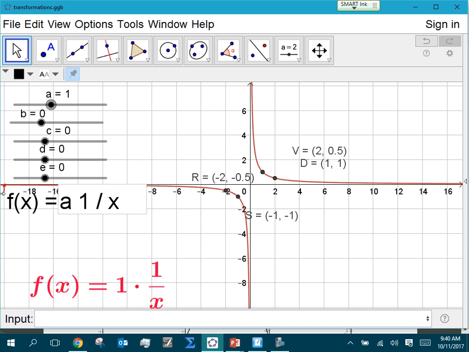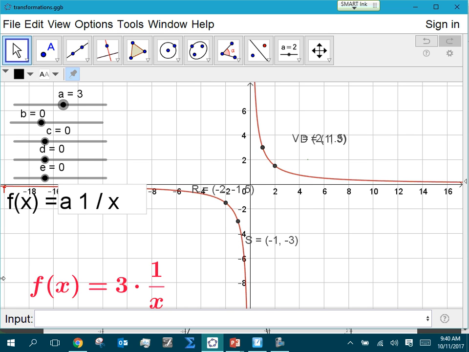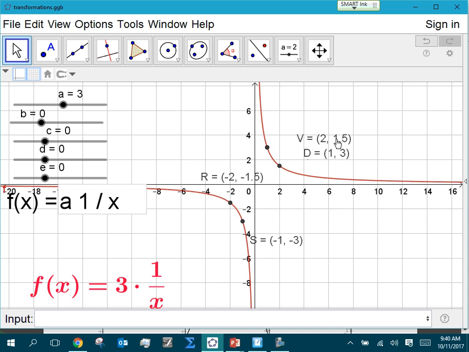When I change a to 2, they should go to negative 1, that should be negative 2, that should be positive 1, that should be positive 2, right? And that is exactly what happens when that goes to 2. When it goes to 3, okay, the 0.5 got multiplied by 3, so it gives me 1.5. The 1 got multiplied by 3, goes to 3. 0.5 went to 1.5.